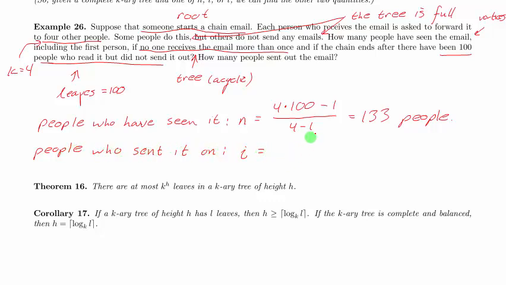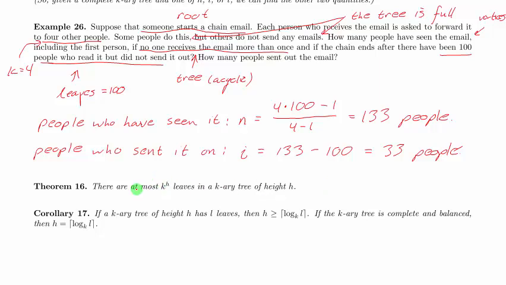So I is going to be equal to 133 minus 100. In this case, we don't have to go through the calculation again since we already have our n value. The number of internal vertices is just the total number of vertices minus the number of leaves, because everything else is an internal vertex. So 33 people sent the email on to someone else.